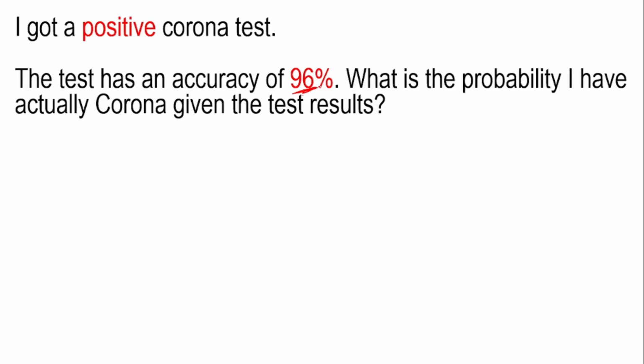There is almost no information: we make a test, we got positive corona, and what is the probability that we really have corona? Well, we just look at the accuracy of the test. So we can say we have a probability of having corona of 96%, which is a very high probability, and therefore we can assume that we have corona.